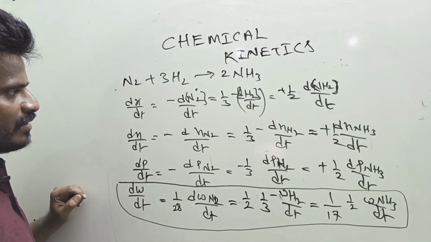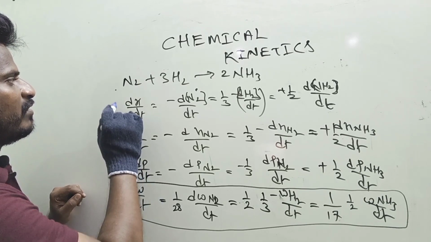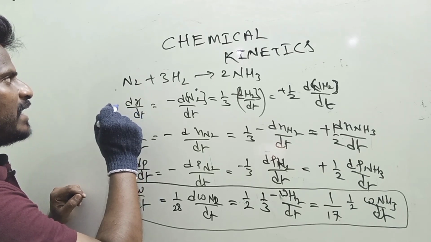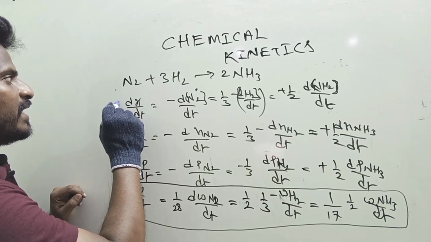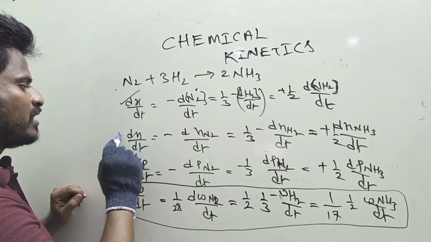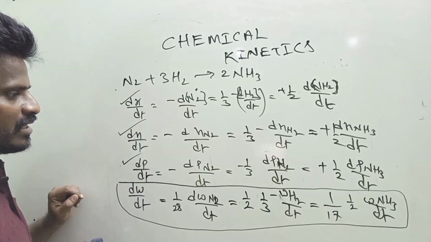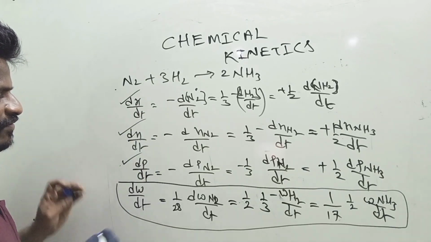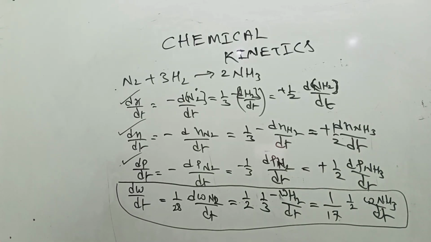That's why the rate equation is applicable when the expression is expressed in concentration, number of moles, and partial pressure. For writing the rate equation in terms of weights, we have to multiply by the reciprocal of the molecular weight of that compound.